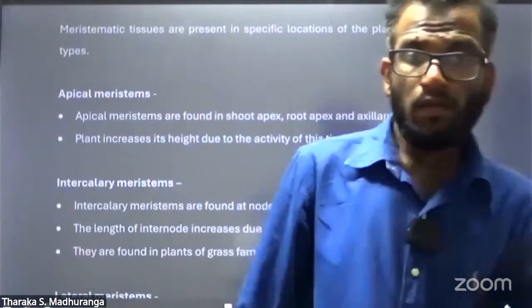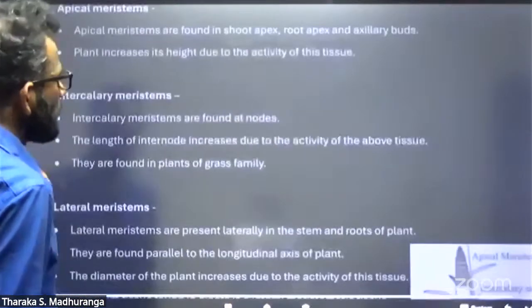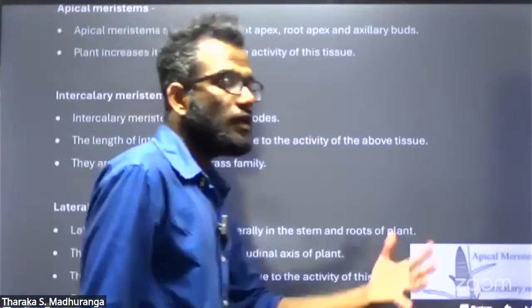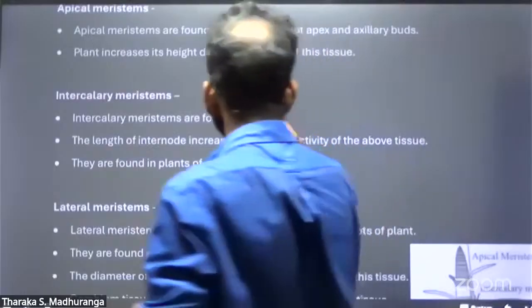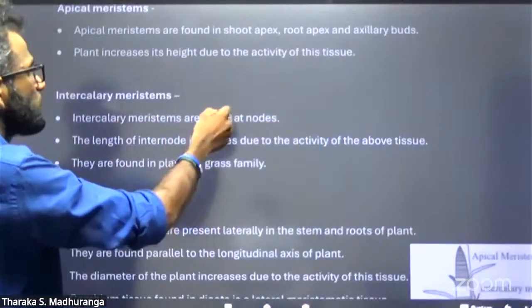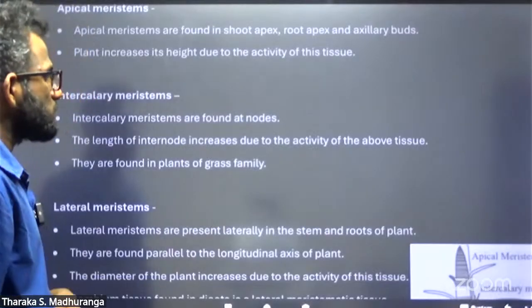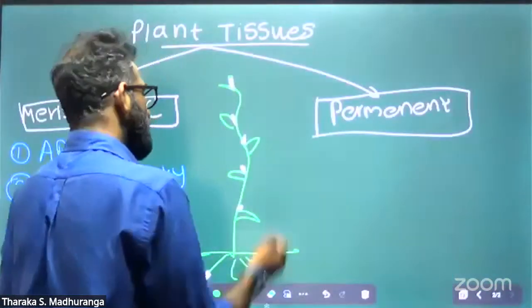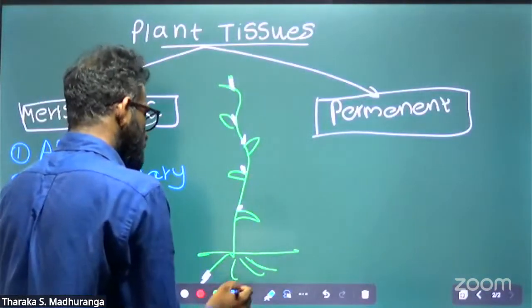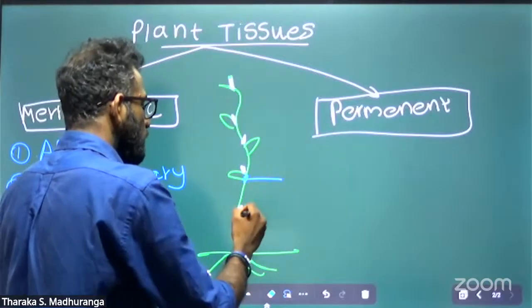Okay. The second one is intercalary meristems. This part is very simple. That's why I am going rapidly. The intercalary meristems are located in nodes. Intercalary meristems are found at nodes. These are the nodes, this blue color.